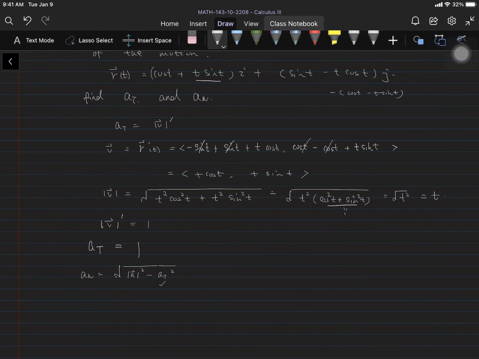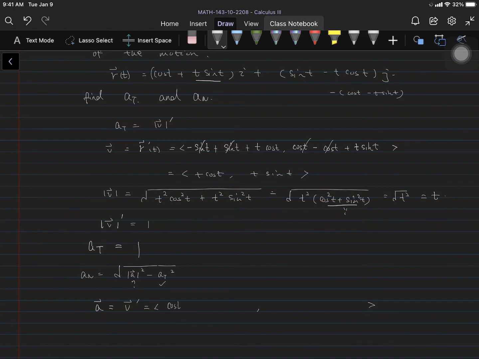Next, we want to find a_n by using the formula: the root of the length of a squared minus a_t squared. a_t is already known, so we just need to find the length of the a vector. So how do we find the a vector? We take the derivative of the v vector. Let me write down more detail here. Looking at our v vector, t cosine t and t sine t, take the derivative with the product rule.